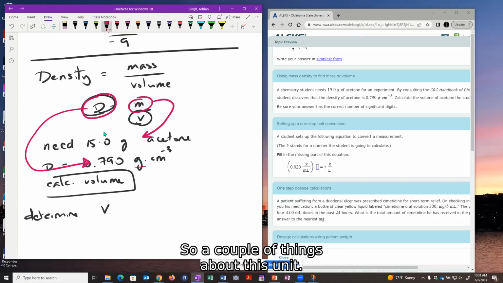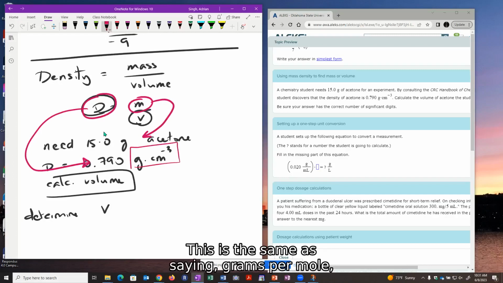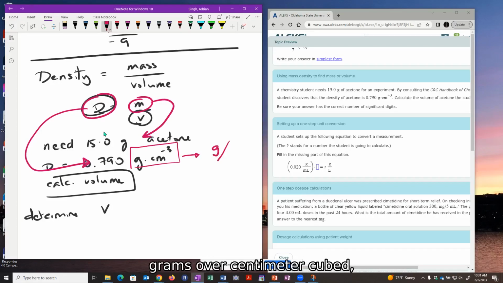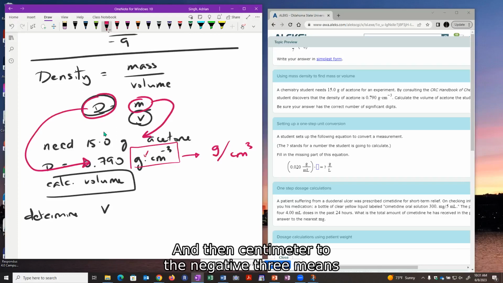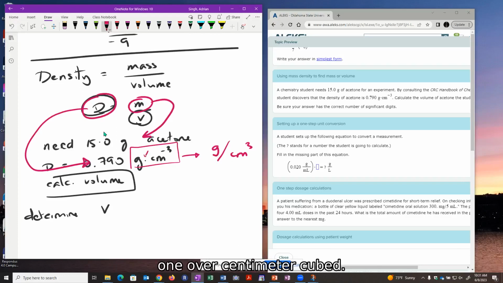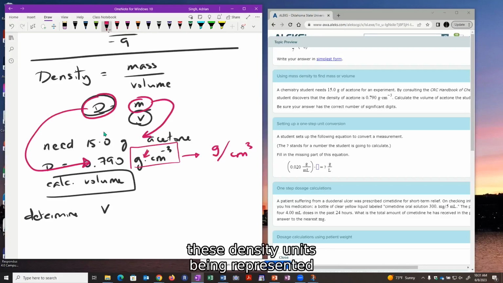A couple things about this unit. This is the same as saying grams per cubic centimeter. This little dot just means times, and centimeter to the -3 means 1 over centimeter cubed. So that's another way you'll see these density units represented.